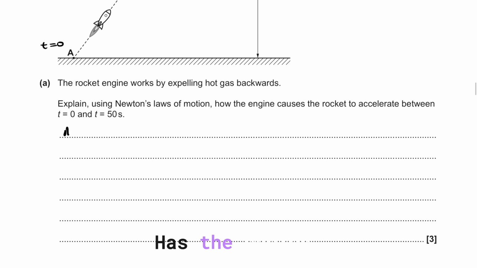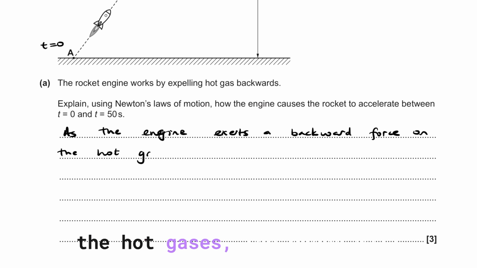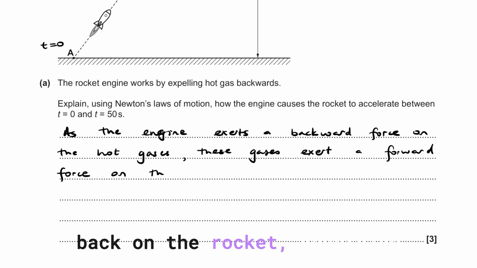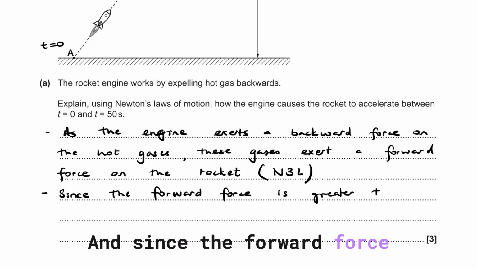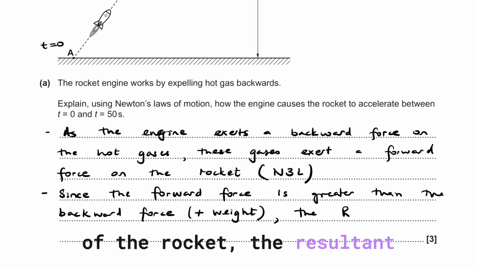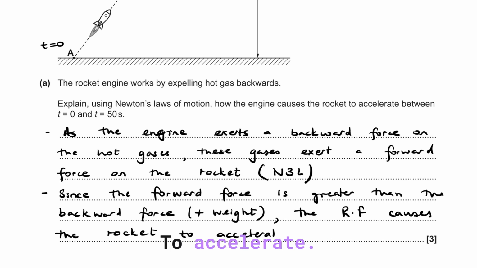As the engine exerts a backward force on the hot gases, the gases will then exert a forward force back on the rocket according to Newton's third law. And since the forward force is greater than the weight of the rocket, the resultant force causes the rocket to accelerate.